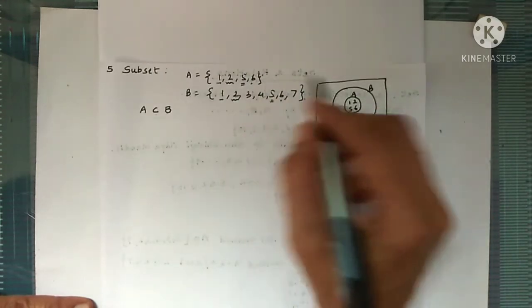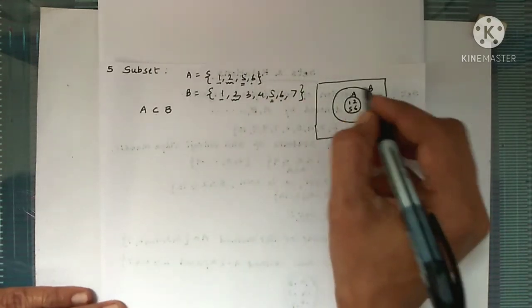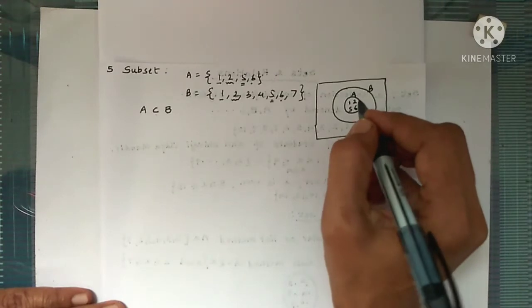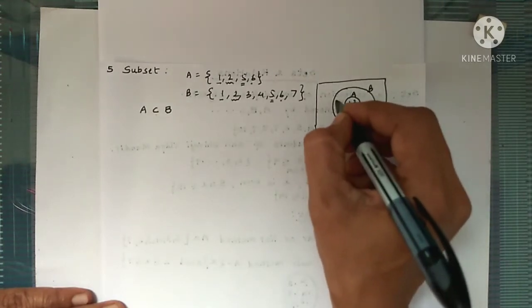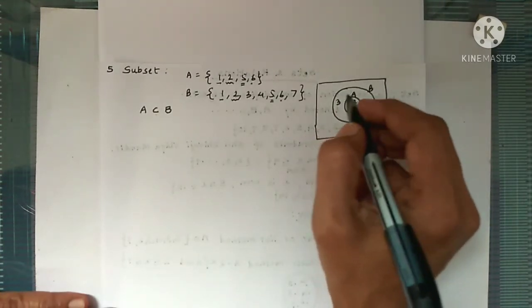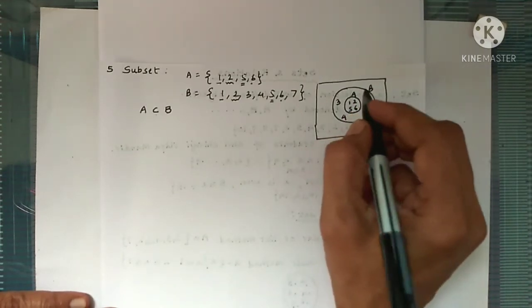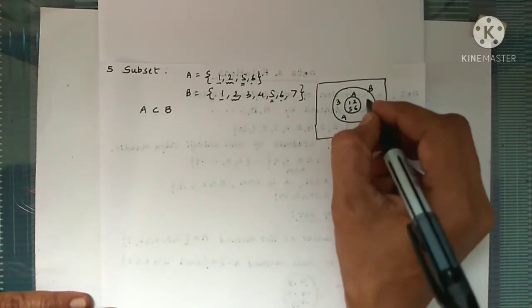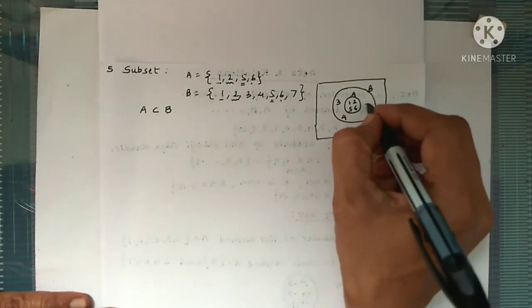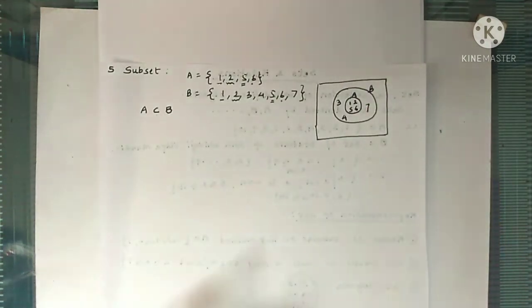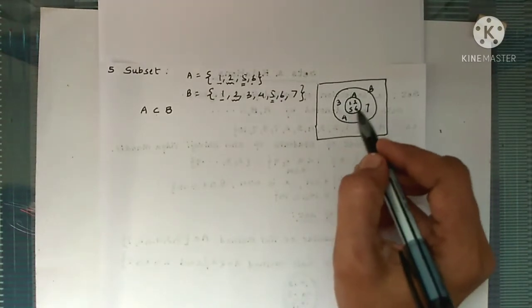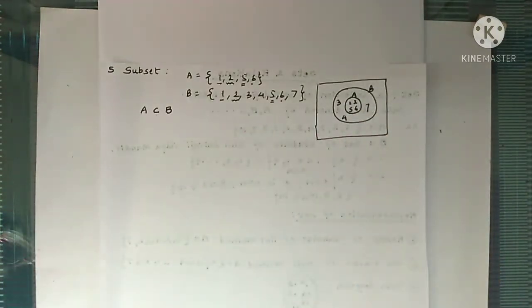A has elements 1, 2, 5, 6. Now B has 1, 2, 5, 6 already there. So 3, 4 and 7 we have to write outside this circle of A. So now B is 1, 2, 3, 4, 5, 6, 7 like that. So here A is a subset of B.